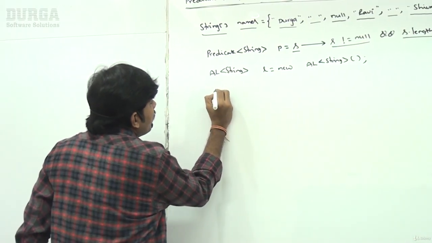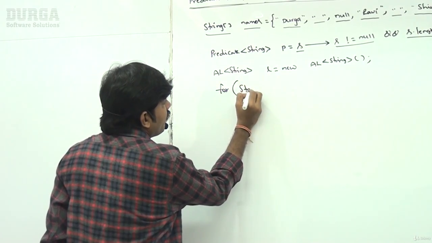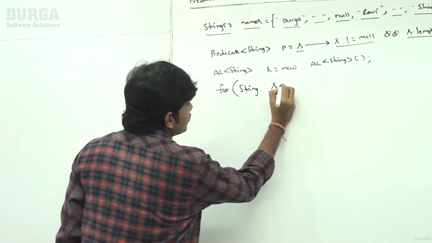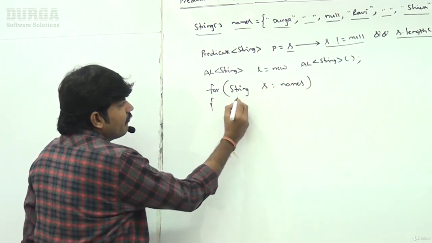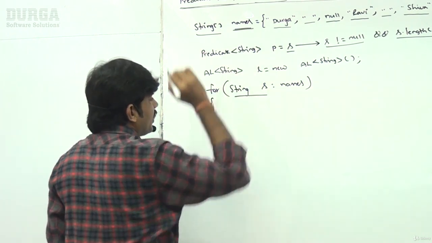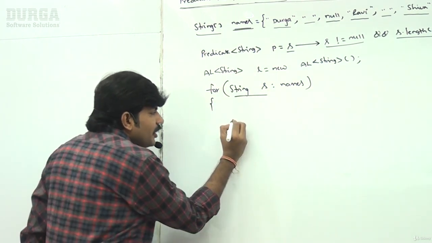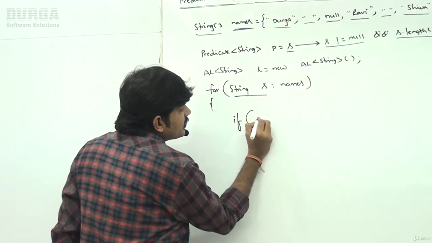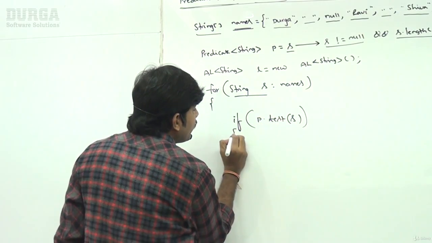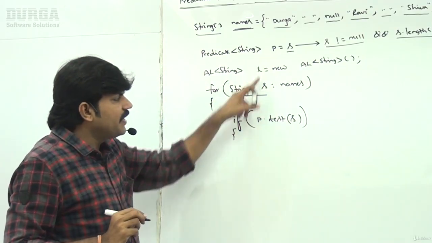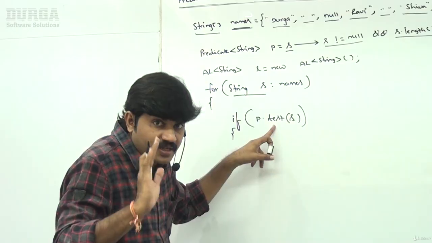Now, here, for each String s in names, for every string in this array, if p.test(s), I'm calling the predicate test method.